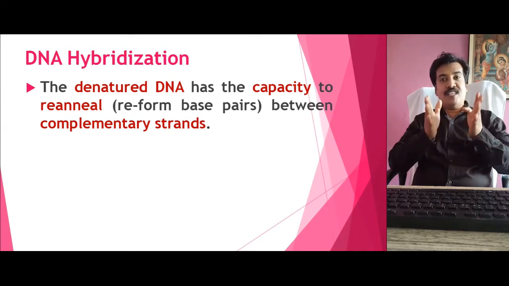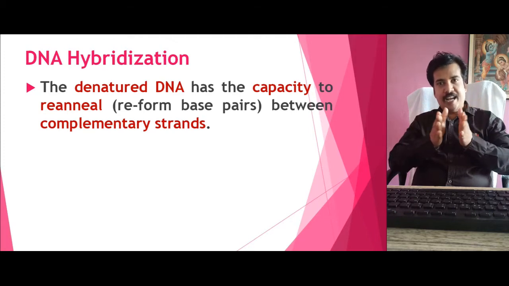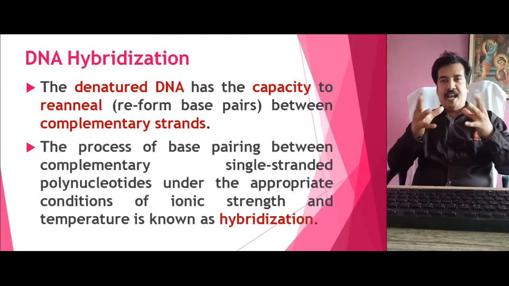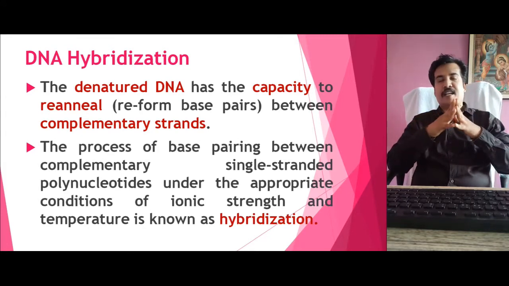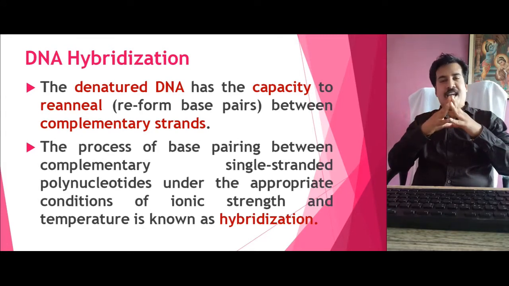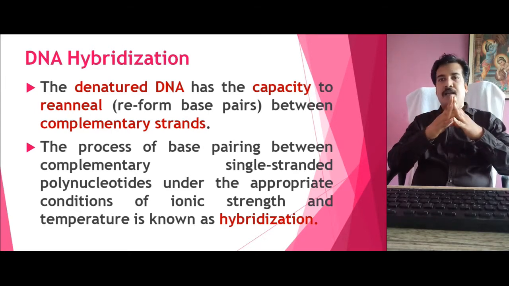If the bases are complementary in nature, then they have an ability to reanneal. So DNA hybridization is based on this basic idea that the denatured DNA has the capacity to reanneal, that means to reform the base pairs between its complementary strands.